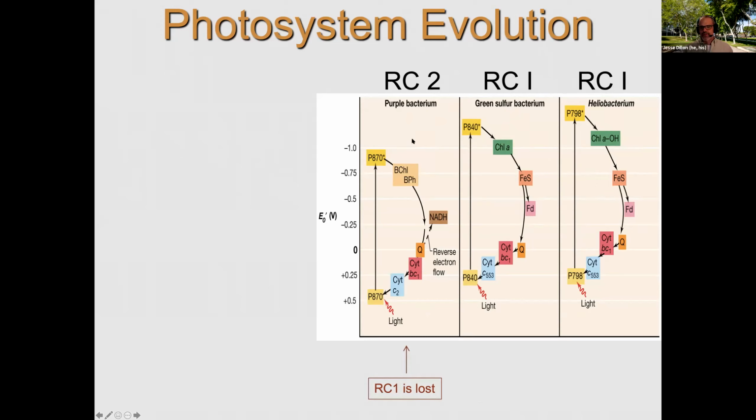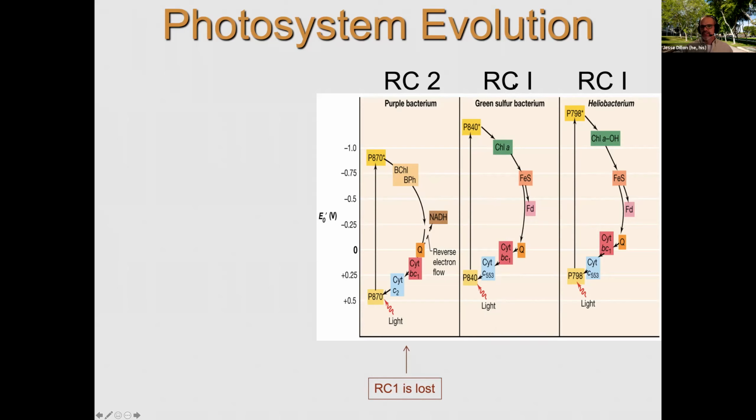And then this purple is different, right? We said they have the electron reverse flow. So one scenario is that these organisms had some sort of gene duplication, maybe a whole genome duplication. And over time, they ended up with a couple of different photosystems, but ultimately their original one was lost.